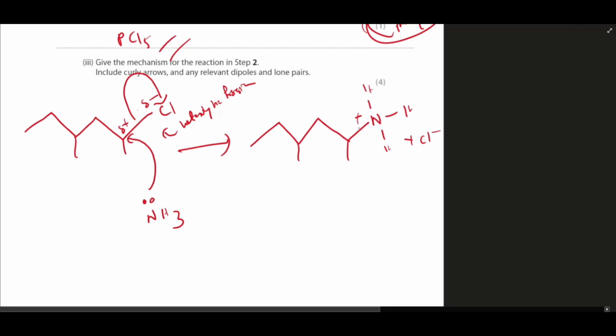Now, in order to stabilize it, one of our hydrogens here is going to donate its bonded electrons here, and then itself it's going to break out. So eventually, we get our desired product, which is an amine, while our friend here who went out is going to react with Cl to produce HCl. Did you understand the mechanism?